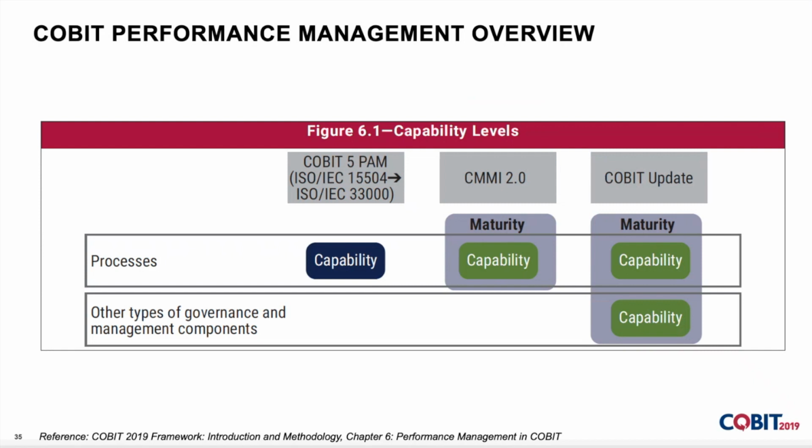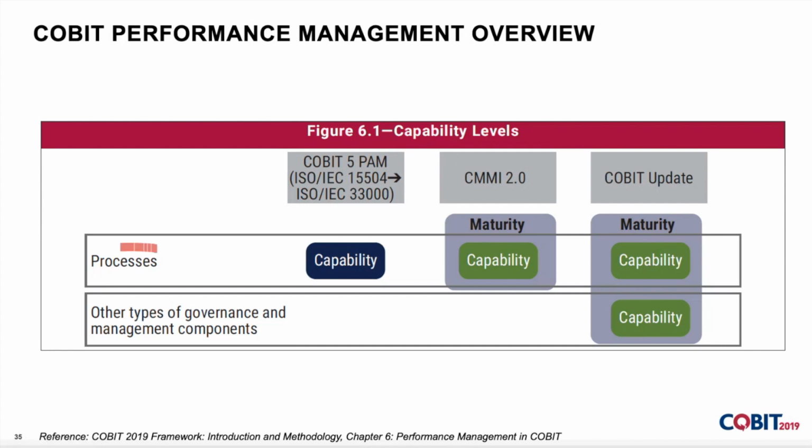So to look at it a little bit more in detail, we will look at specific elements within the COBIT maturity model. We will look at maturity as a whole, which includes aspects like the processes that we've seen before.